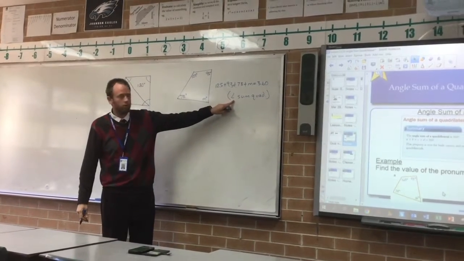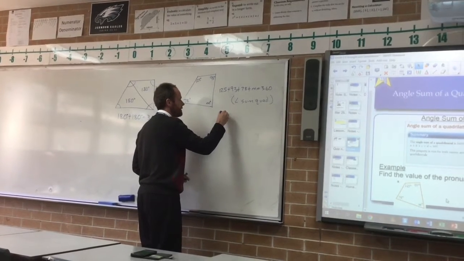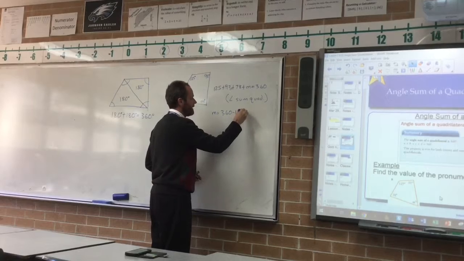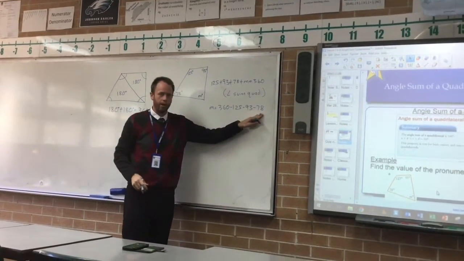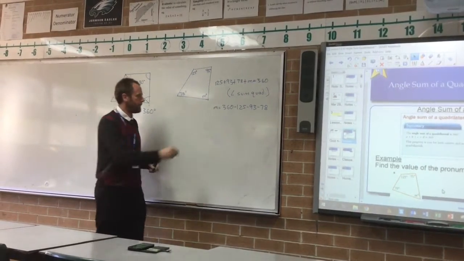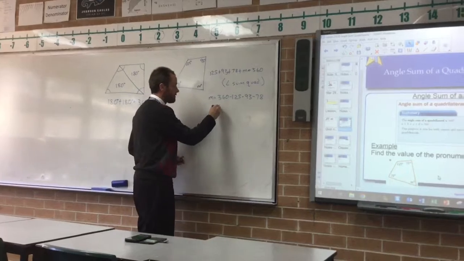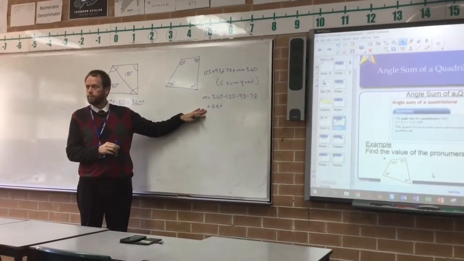If that is true, then n is going to be equal to 360 minus each of those angles. I hope somebody's got a calculator out to work this out, because that's just going to be much quicker. 64 degrees. Yeah. That makes those questions very straightforward, doesn't it?